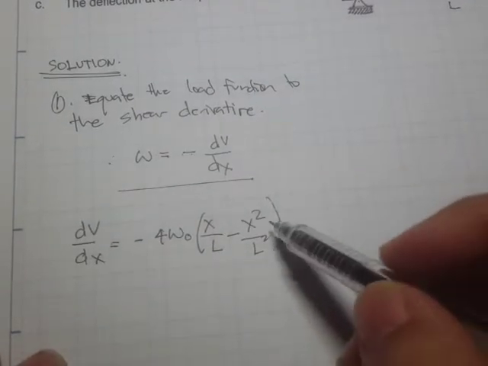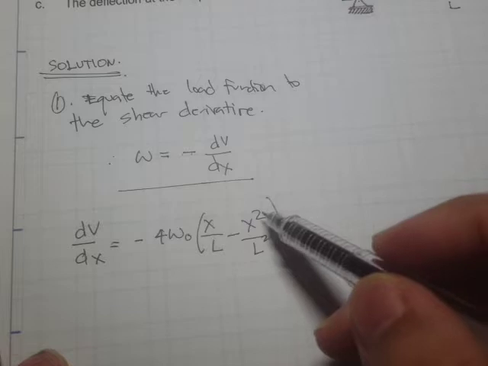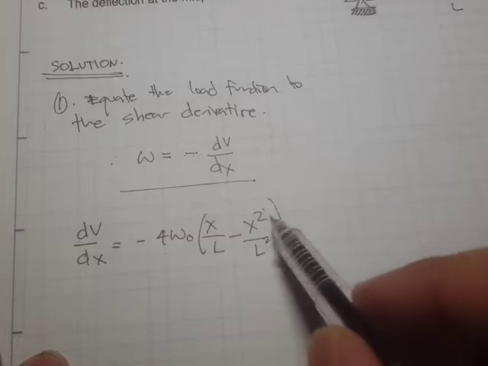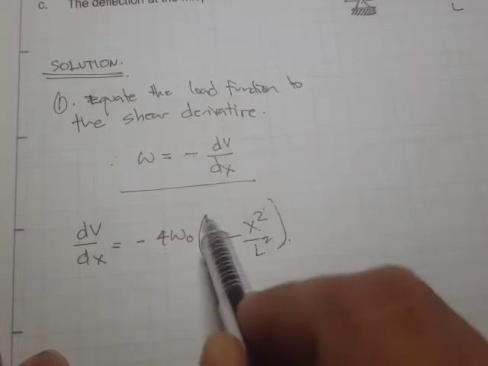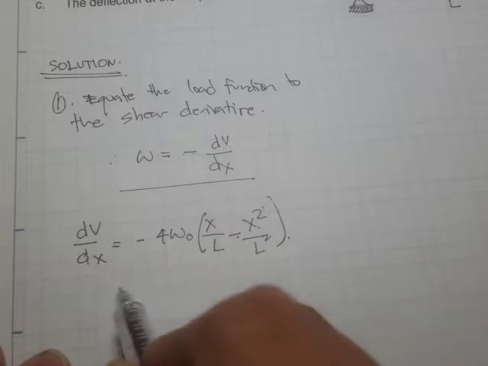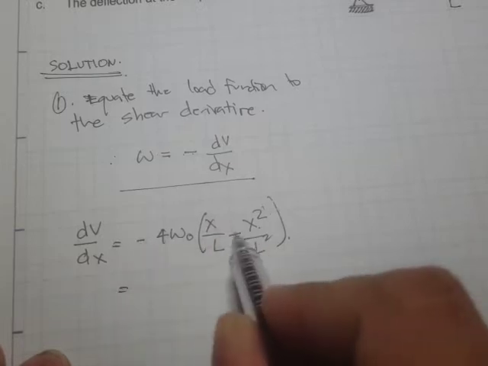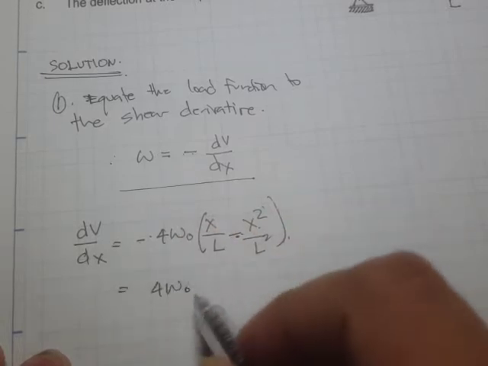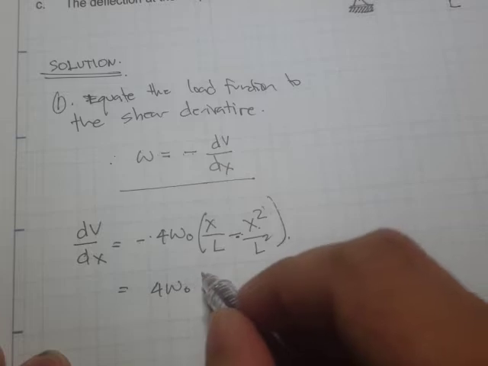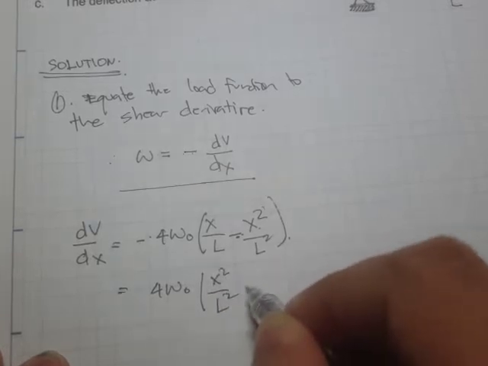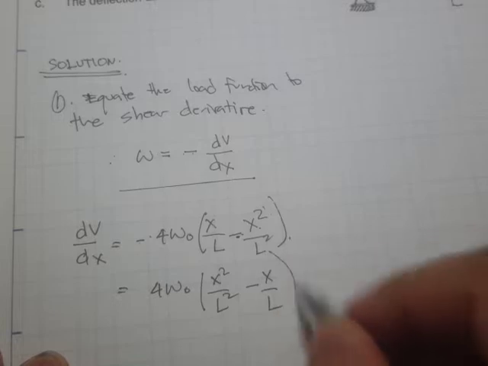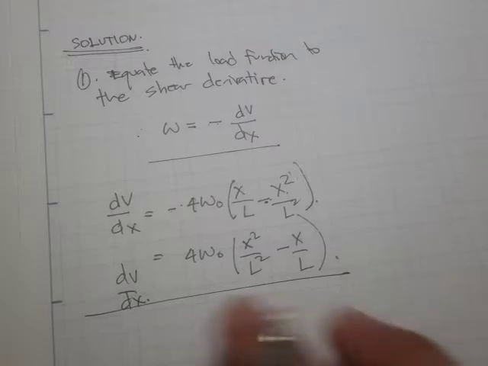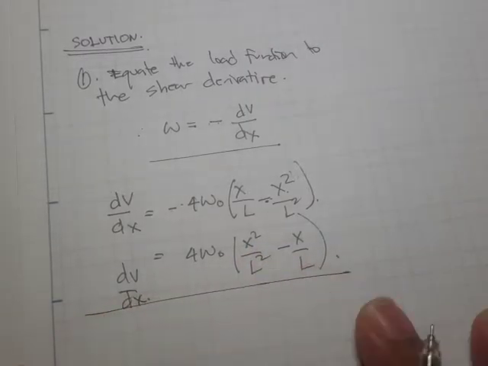Okay, so let's arrange this in order, meaning that the higher degree would be right here. Okay, so that means that we can take this negative sign out. So what we get is 4 omega initial is equal to x squared all over L squared minus x all over L. Okay, so here it is. Okay, so that's it, right? That's the derivative and the load.